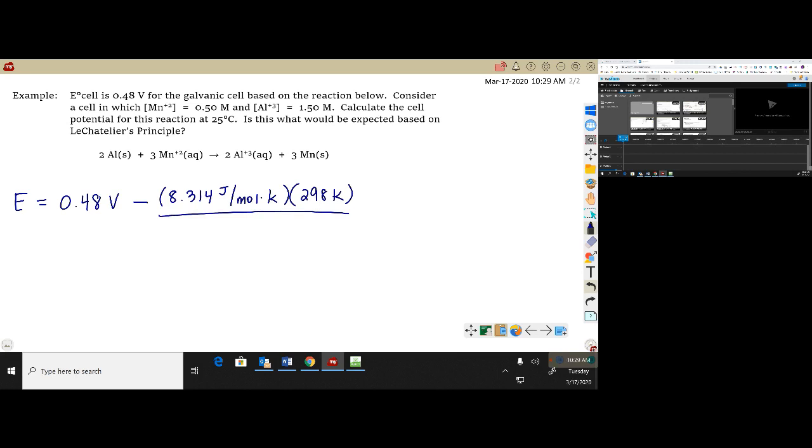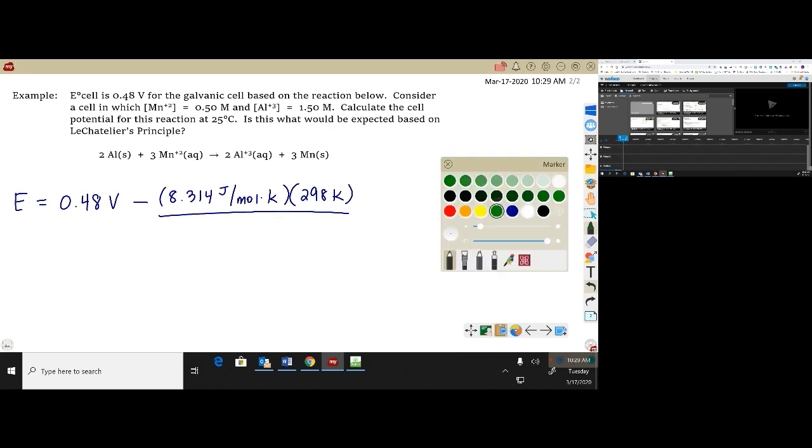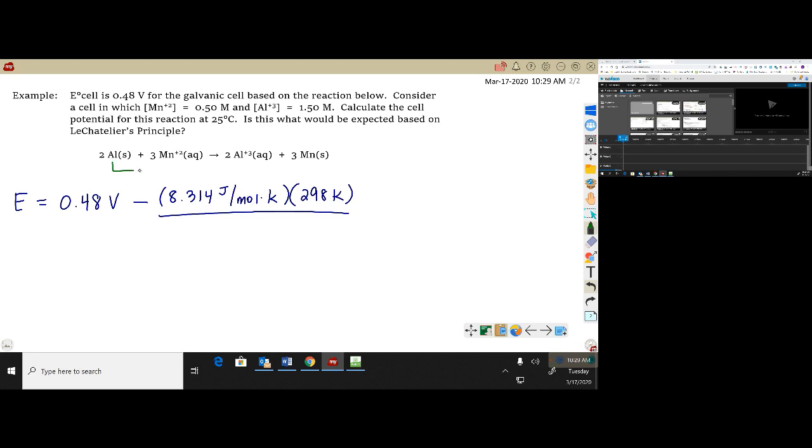And so obviously I'm going to have my two half reactions. I would have the aluminum turning into the aluminum +3 ion, the magnesium forming the magnesium solid. You could separate the half reactions and balance them if you would like to.